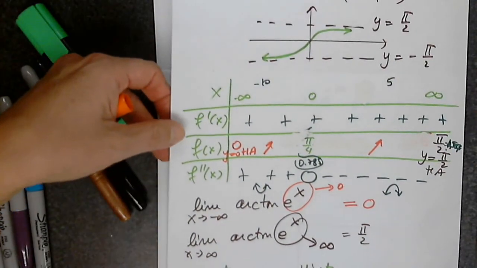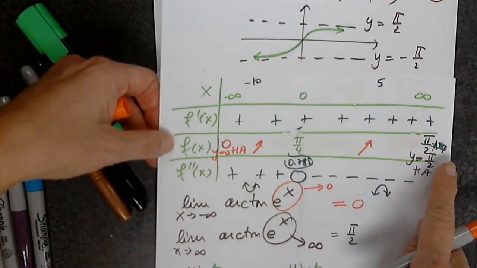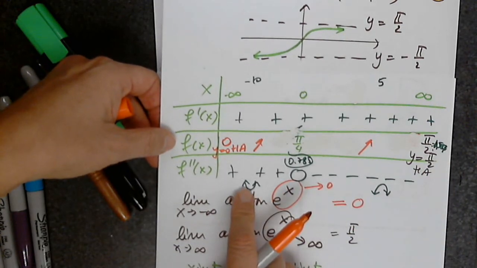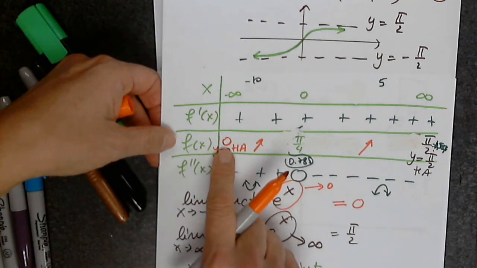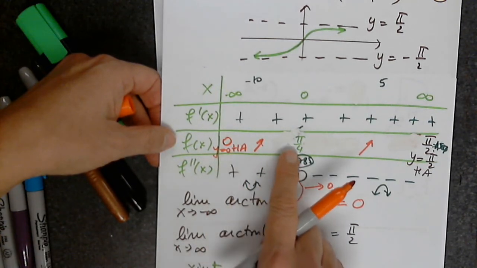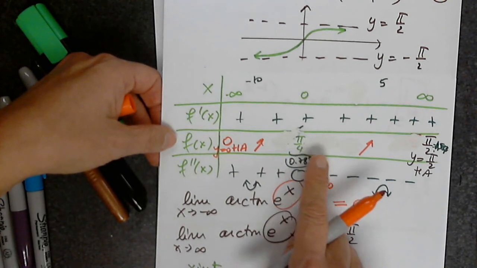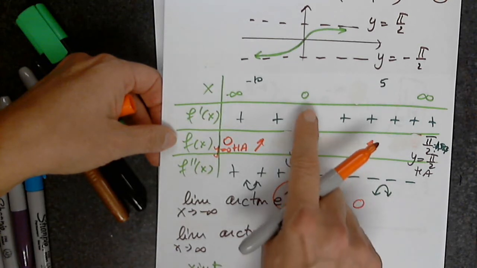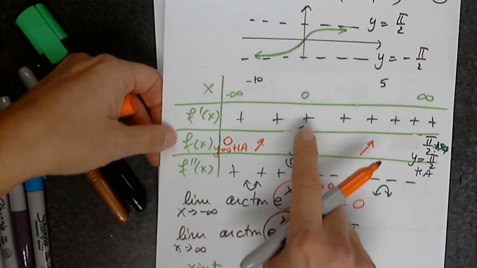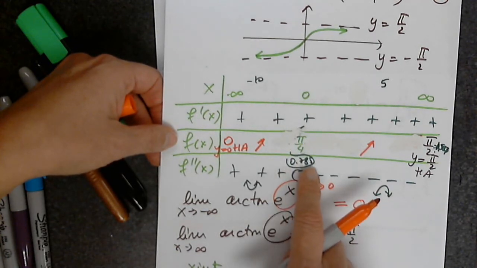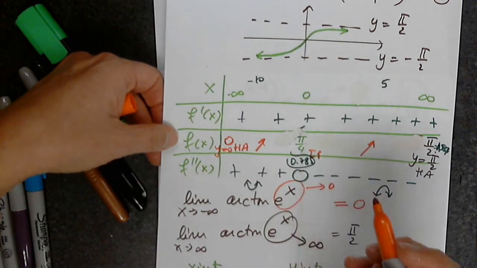And now I'm ready. The function is always increasing, opening upward, approaching the asymptote of 0, to this point. This is not a maximum. It continues to increase. This is a point of inflection. 0, pi over 4 or 0, 0.785 is an inflection point.